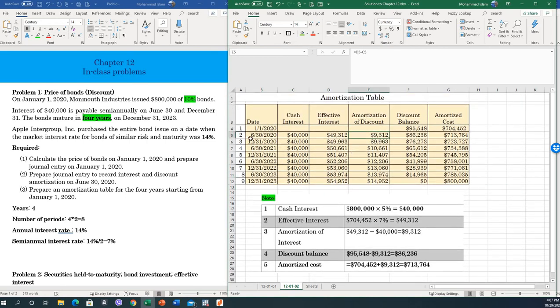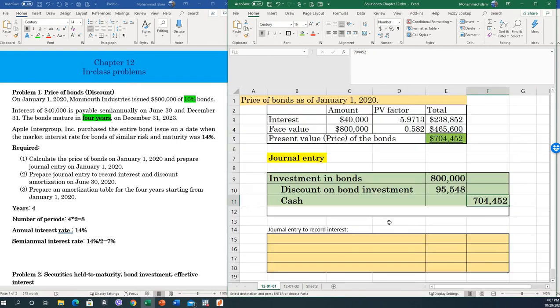So on June 30, 2020, our journal entry would be, so we need these 3 numbers. I'm copying this one.